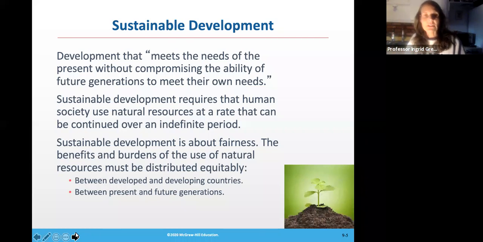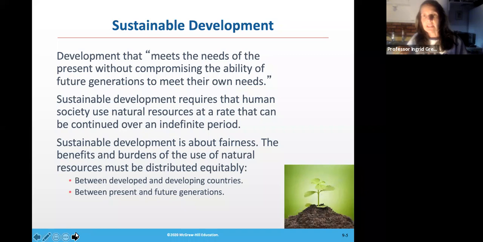And the last point here, sustainable development is about fairness, right? The benefits and burdens of the use of natural resources must be distributed equitably between developed and developing nations, right? We'll talk a little bit about that in this chapter, right? How developed nations, right, have more money, so they might have more potential to help and not corrupt those developing nations that really maybe survive on these natural resources, right?